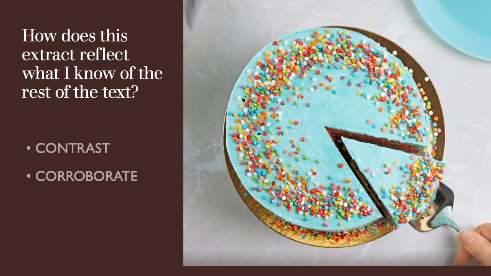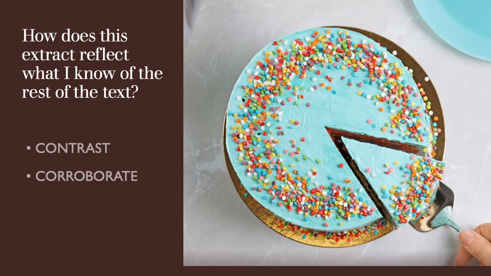So, going back to the cake idea, what you need to be sure of before you start writing your essay is, does this extract reflect what you know about the rest of the text? So does this slice of cake reflect the rest of the cake that it's come from?